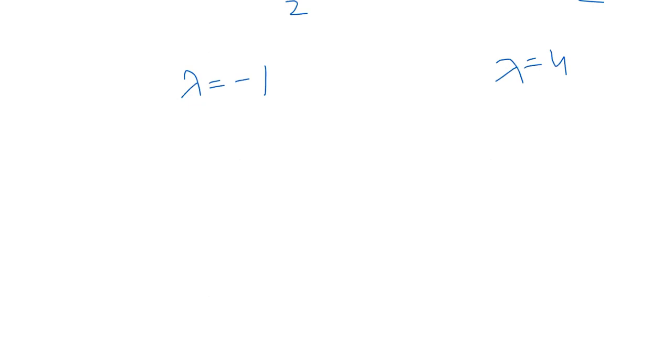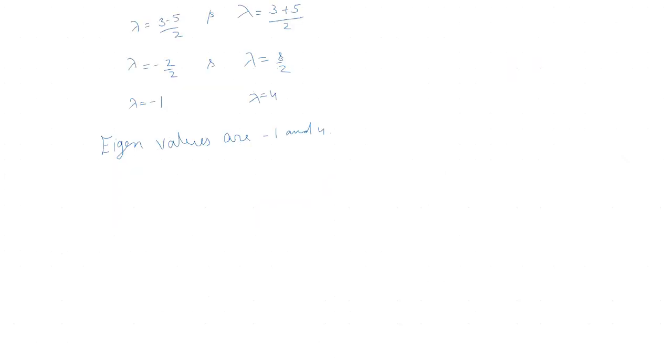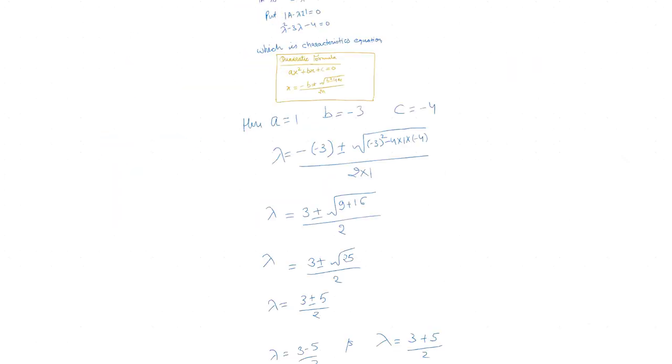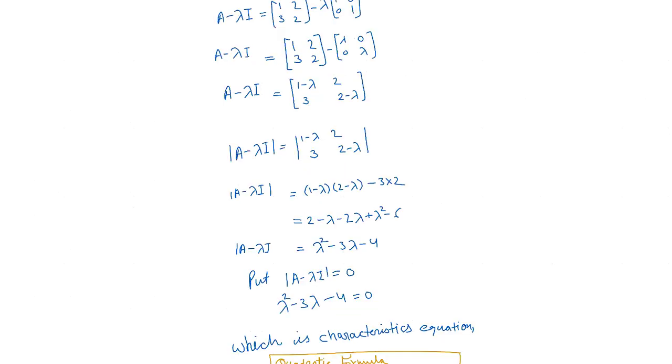So eigenvalues are -1 and 4. Now we will find the eigenvector. Because we need this matrix again, let us mention this one.